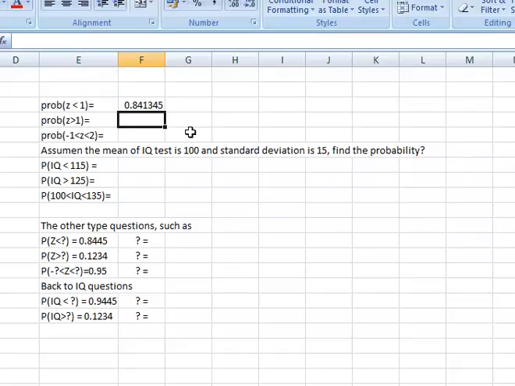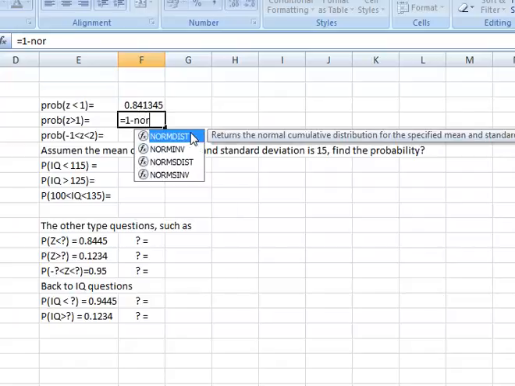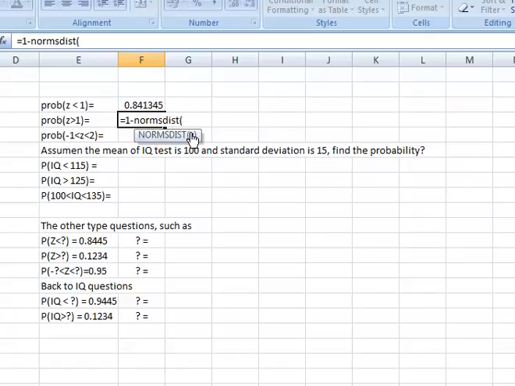Now if we have the probability z greater than 1, then we use equal 1 minus NORM.S.DIST and put in 1.